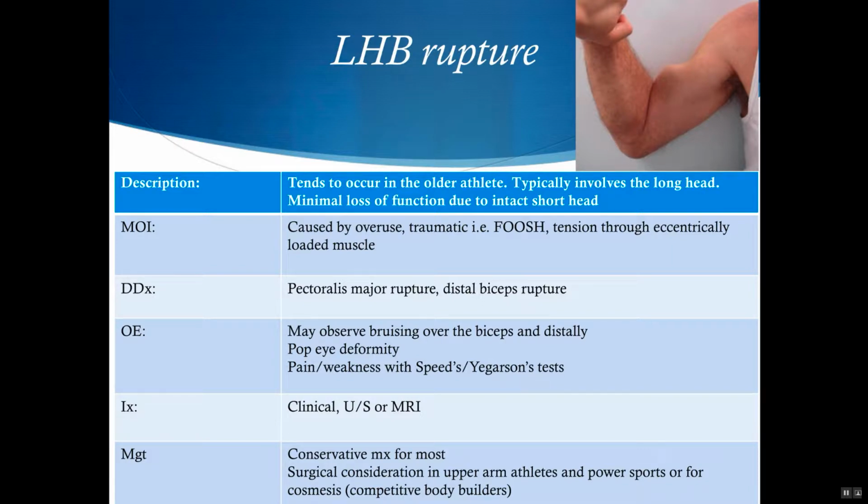The treatment, for the most part, is conservative for long head biceps ruptures. Surgical consideration may be given in upper arm athletes and power sports, mostly for cosmesis, especially bodybuilders who are quite concerned about the biceps deformity and the bulge of the muscle and may want repair for such reasons.